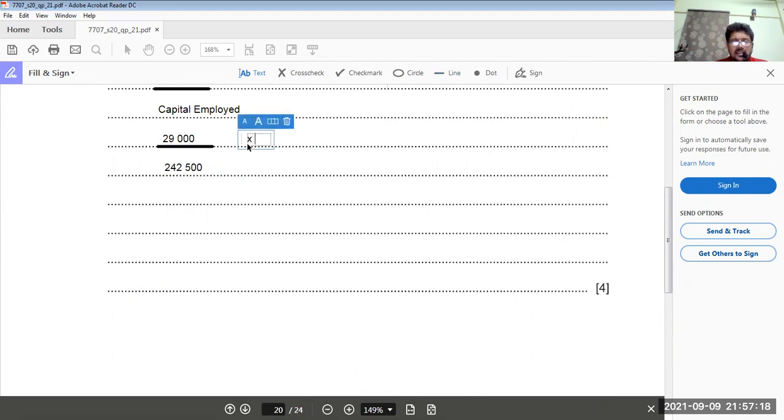Multiply by 100 and you have the answer. You have to answer up to 2 decimal places. So 29,000 divided by 242,500 multiplied by 100, 11.95. 11.95%.